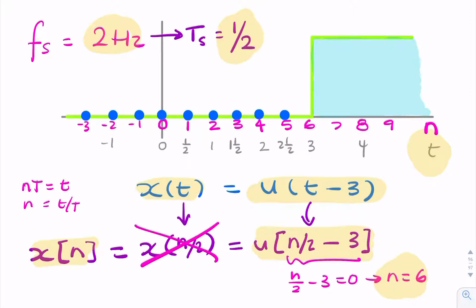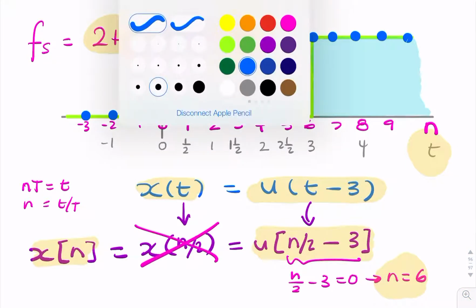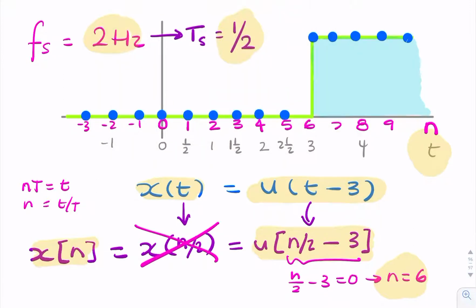At n equals 6, I should have a 1, at 7 a 1, 8 a 1, 9 a 1, etc. And what you can then do, you don't have to, but this is convention, is to add stalks to these. So each of these is now a discrete sample in its own right.